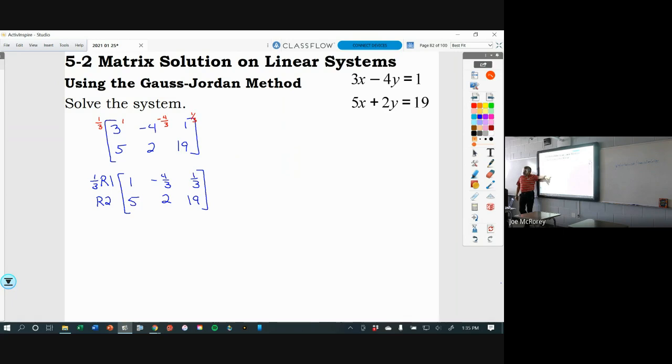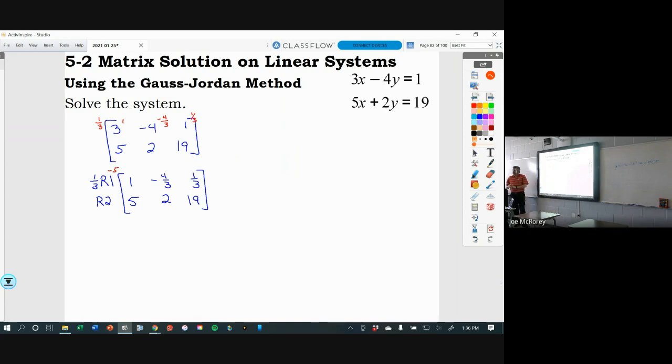How do you make a 5 go away? Subtract what? Okay, so somehow, some magical way, I need a negative 5 to appear. How can I make a negative 5 appear? Well, it's actually quite easy. I'm going to take that first row and multiply it by negative 5.